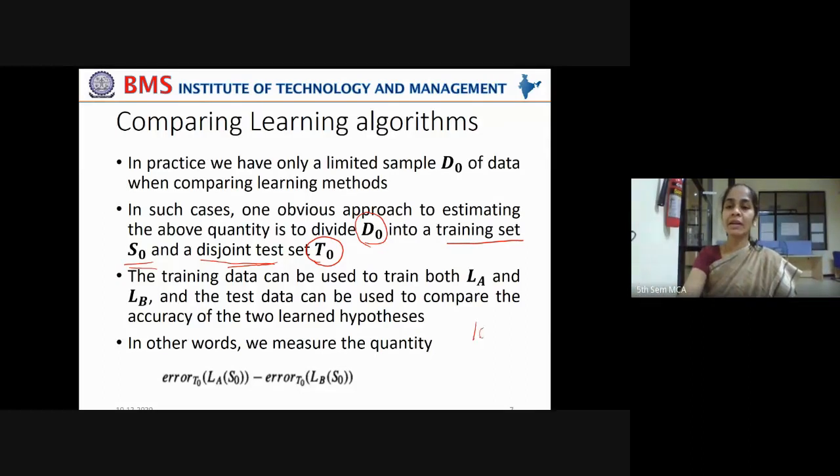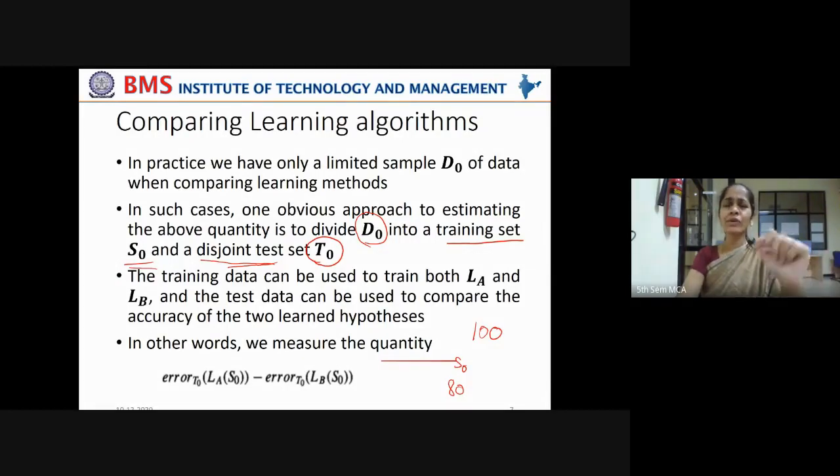Say you have 100 data points. In that, you take S naught as some 80 data points which are randomly picked. You're not taking the first 80 data points as the training set and the last 20 data points as the test set. No, you're drawing them randomly. You're picking them randomly, independent of each other. The draws are independent of each other.